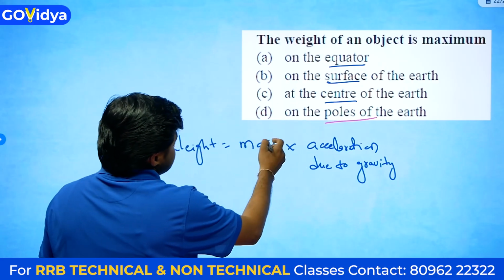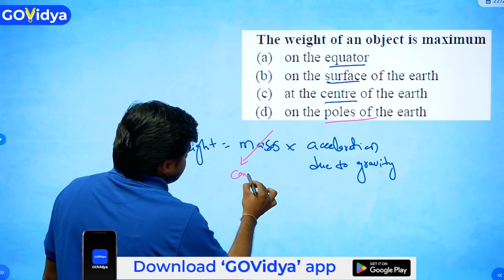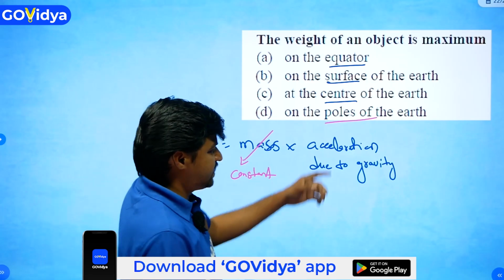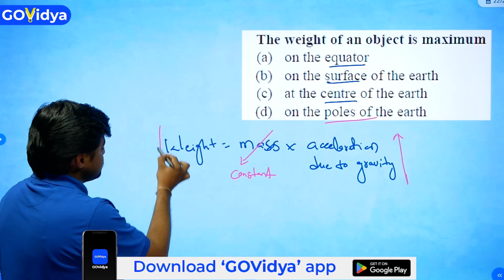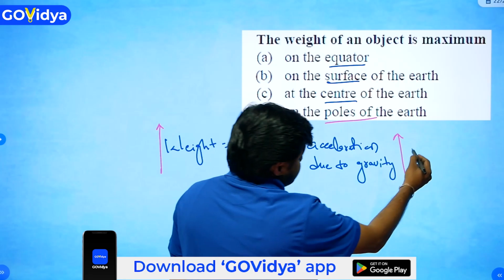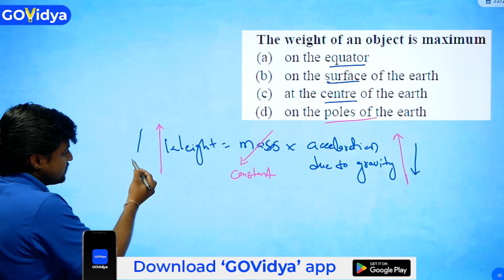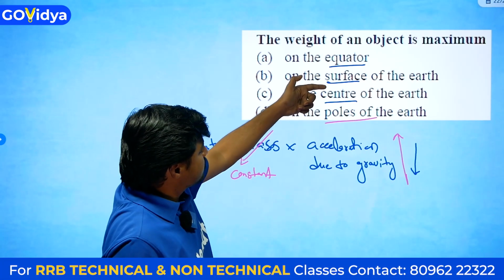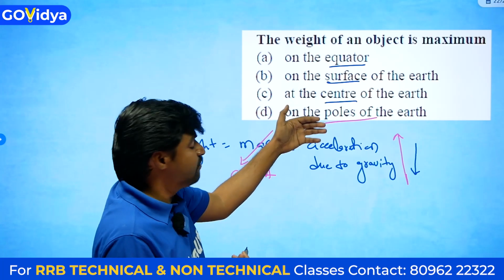Mass remains constant anywhere in the universe. If acceleration due to gravity increases, weight also increases. If acceleration due to gravity decreases, the weight of the object also decreases. Here acceleration due to gravity is more at the poles and less at the equator comparatively.